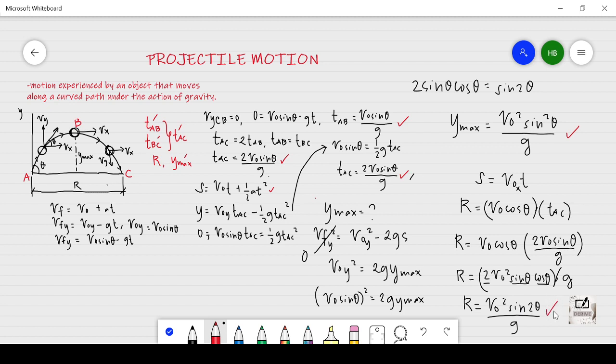So guys, ang kahalagahan ng pagdederive is that you do not have to memorize all the formulas. So that's important if you memorize the formula, but one important thing is that you know where this came from. You know the principle, you know the theory, you know how to derive it in case you forget it.